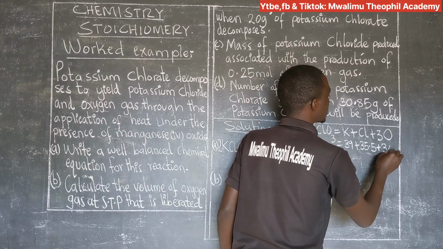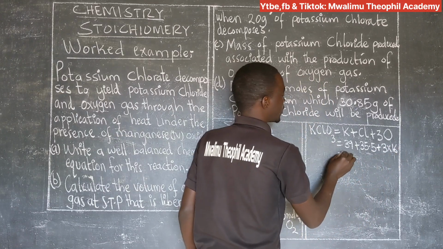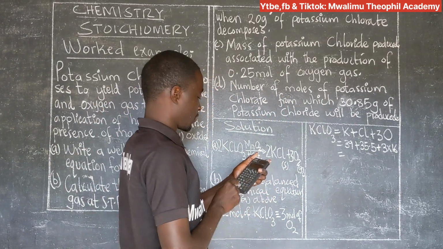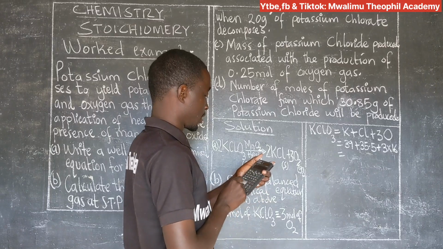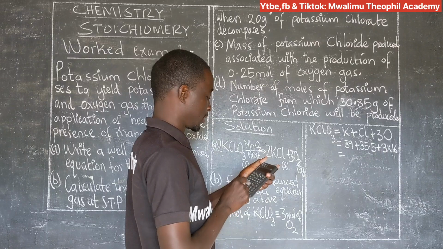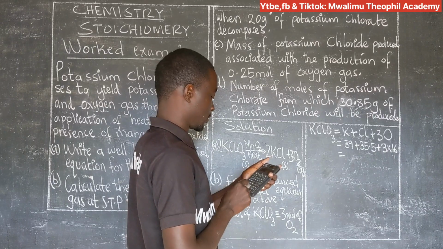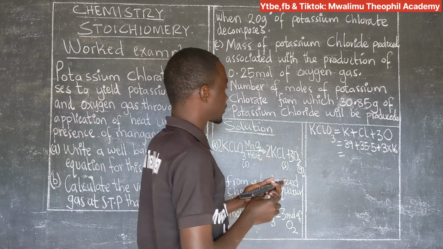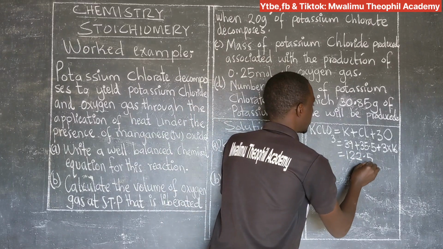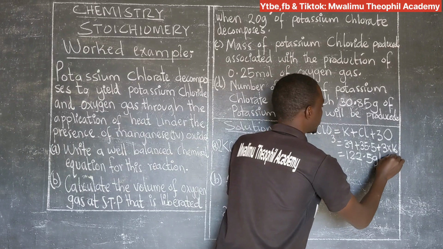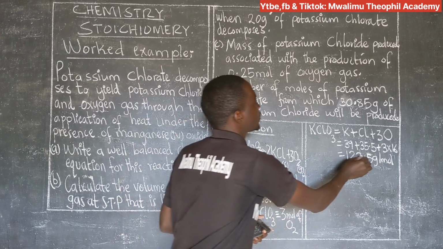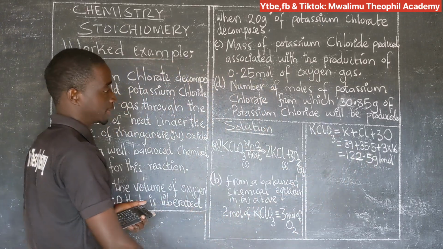Let's compute: 39 plus 35.5 plus 16 times 3. We get 122.5 gram per mole. This is the relative molecular mass of potassium chlorate.